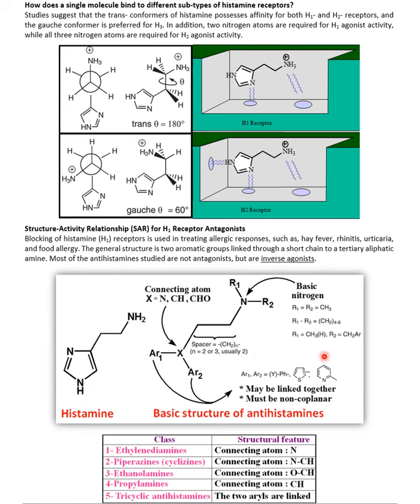Finally, I just want to say that I do not expect you to memorize all these features I described, but if you are provided with this general structure, then I expect you to know that, for example, these 2 aromatic groups should not be planar. If they are fused together, they can be fused together. The spacer here should be 2 to 3 with 2 as the preferred, and examples of basic nitrogens could be one of these.